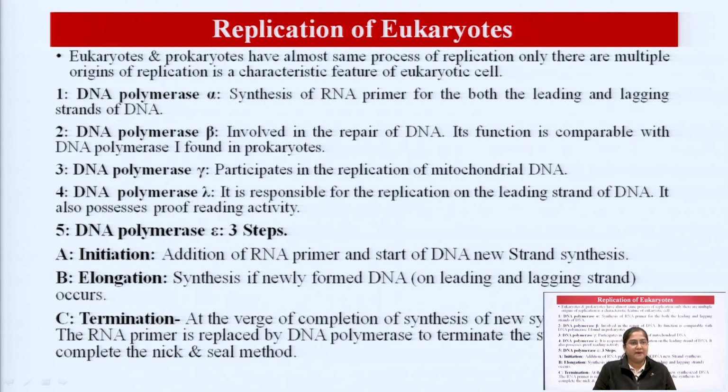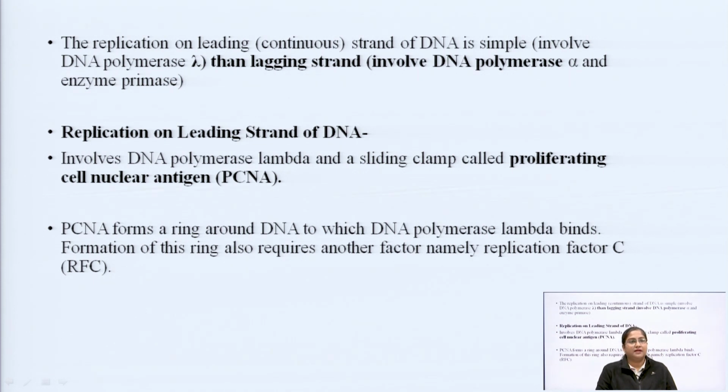DNA polymerase gamma helps in the replication of mitochondrial DNA. DNA polymerase delta is responsible for replication of the leading strand. DNA polymerase alpha, beta, gamma, delta and epsilon help in 3 steps, that is initiation, elongation and termination. So it is a little bit different from prokaryotes, otherwise the rest of the processes are the same as in DNA replication for prokaryotes.